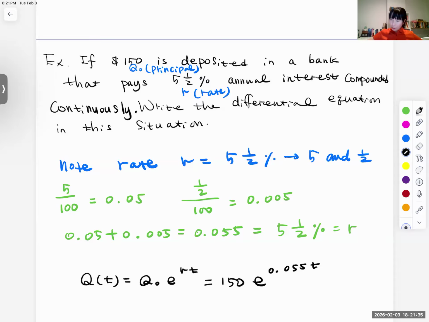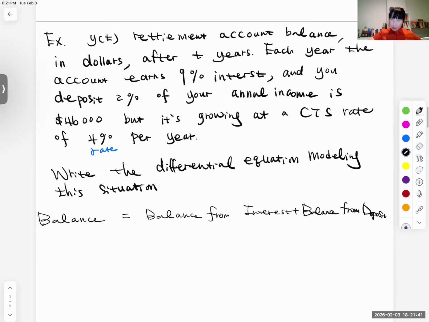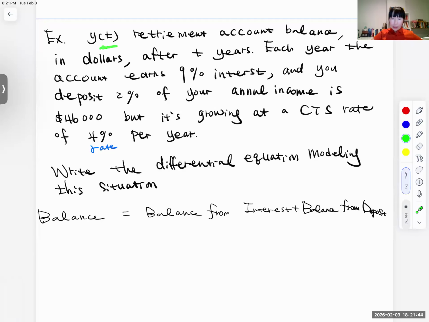Let's move on to other questions. So we have y of t, the retirement account balance in dollars after 2 years. Each year, the account earns 9% interest. You deposit 2% of your annual income, which is 46,000.